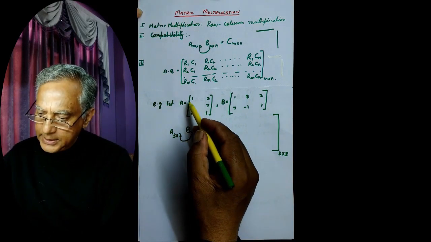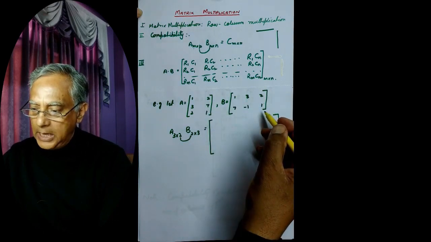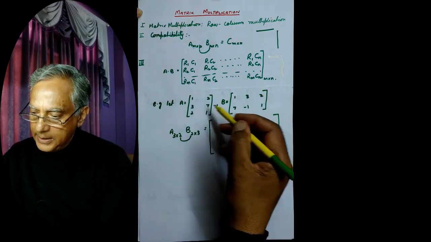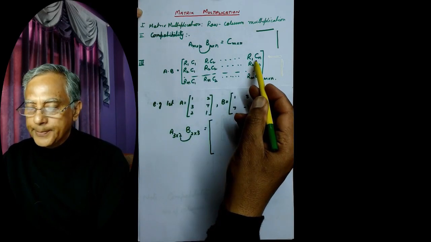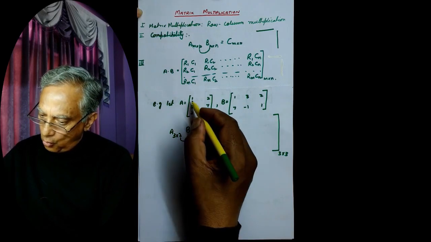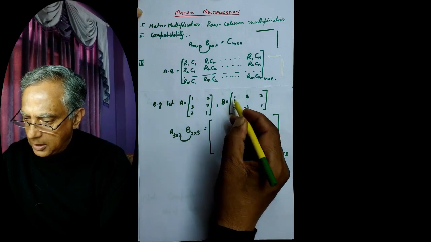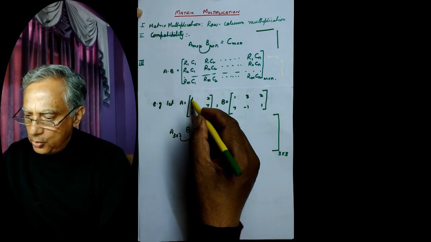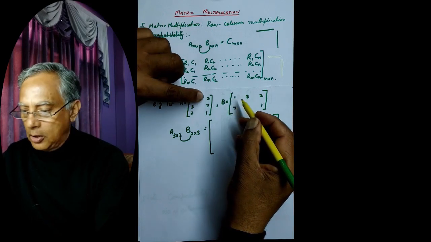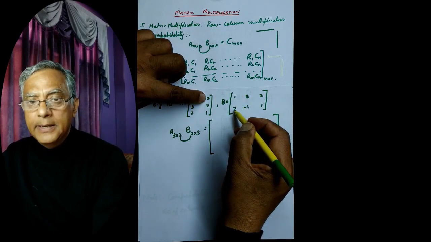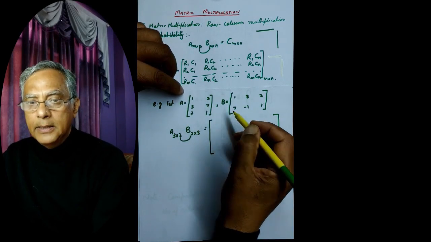Now what we do is we take the first row of this matrix and multiply it with all the columns: R1C1, R1C2, R1C3. How do we multiply a row with a column? We multiply the first entry of this row with the first entry of this column, the second entry with the second, and add the results.